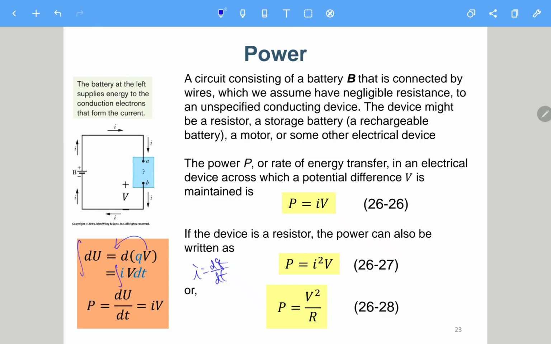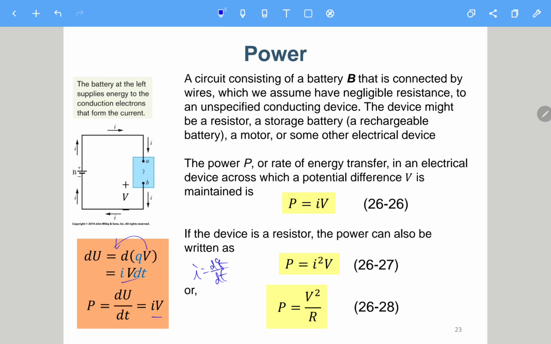And then we try to integrate on both sides. Integrate the power over time... Sorry, it's not integrating on both sides.